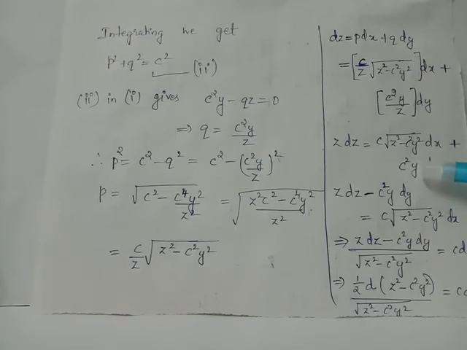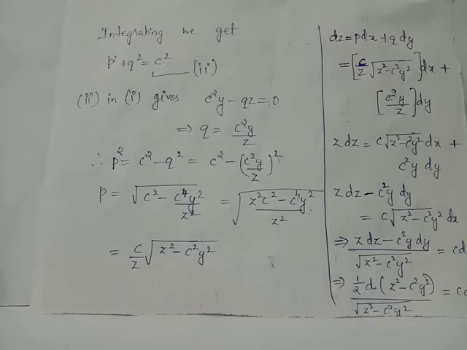And if we bring c square y into dy also to the LHS, we have this equation. This equation can be rewritten as z dz minus c square y into dy upon root of z square minus c square y square equals c dz. We just brought the expression involving square root to the LHS as denominator.